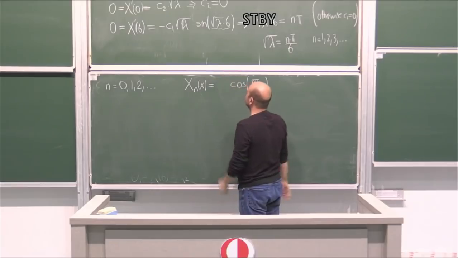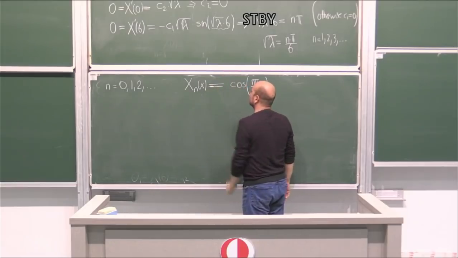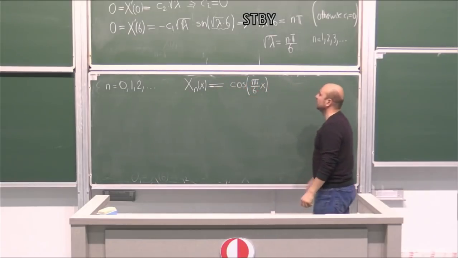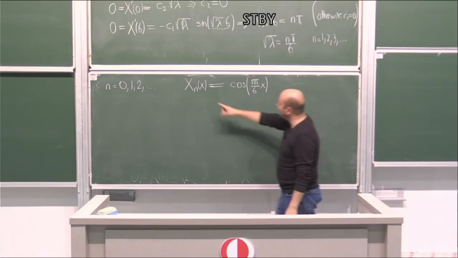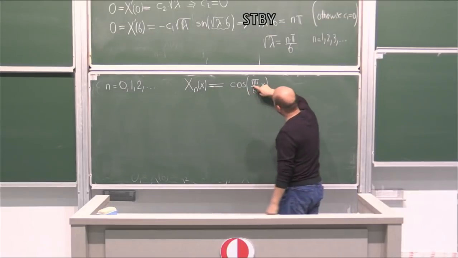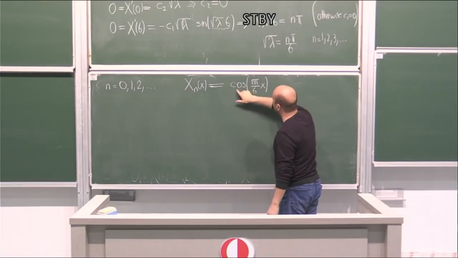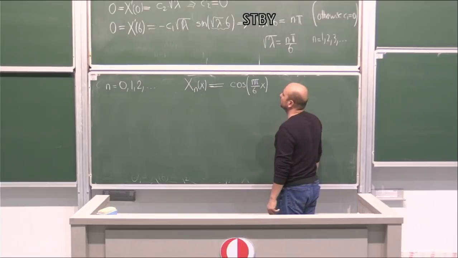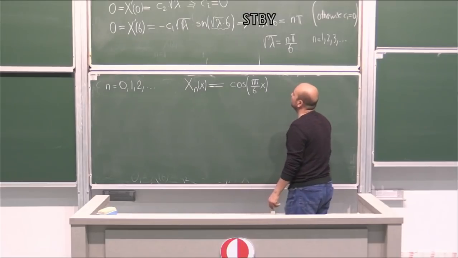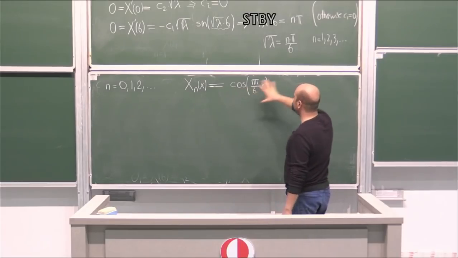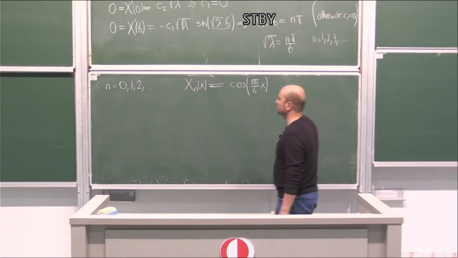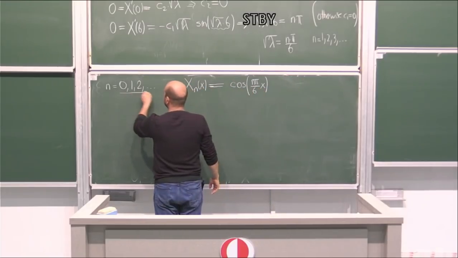Any multiple of this is a solution. So you could, again, call this thing an eigenfunction. Be careful, when n is 0, this part becomes 0, you get 1, which was basically the solution we got for the lambda equal to 0 case. So basically, these are all your eigenfunctions starting from 0. Okay.